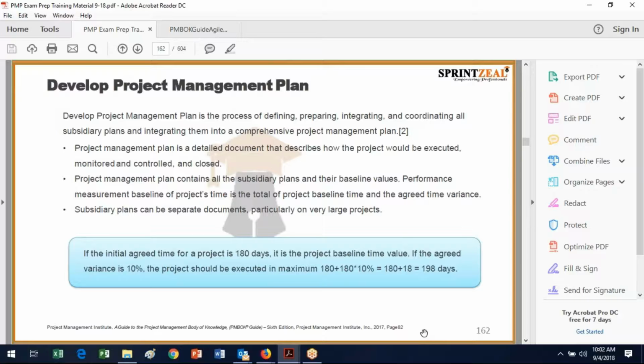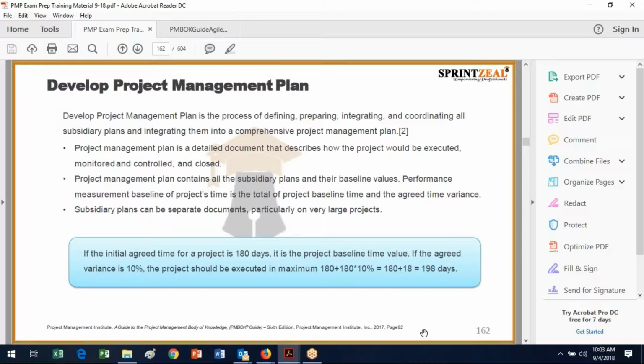And they are seen somewhat as subsidiary documents, but you probably don't want to have all the documents like communications and risk and everything in one document, because you revisit different things at different rates, and you don't want everything always out to edit, if you see what I'm saying. So the project management plan is a detailed document that talks about everything in the project, and then it has subsidiary plans, which we'll talk about in the other 9 knowledge areas.